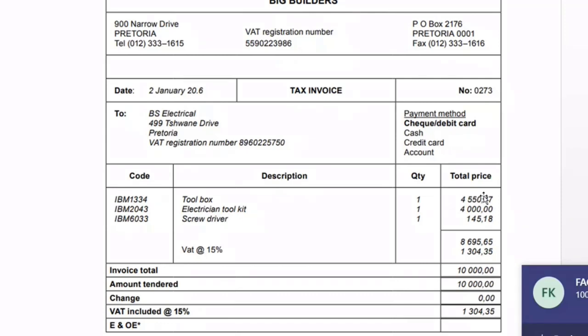Faith is saying 10,000 divided by 1.15. Do you get to 8,695.65? Guys, do you agree with Faith?